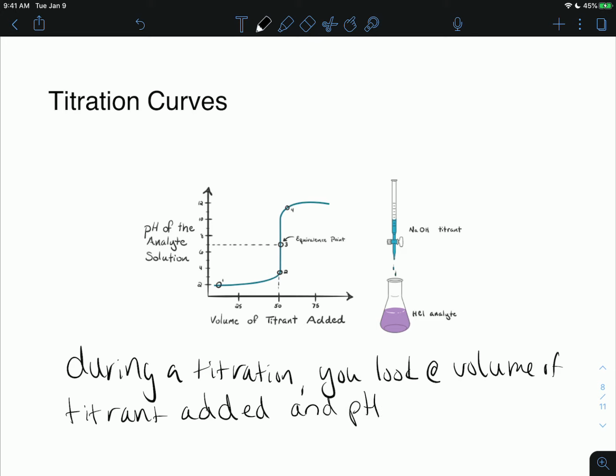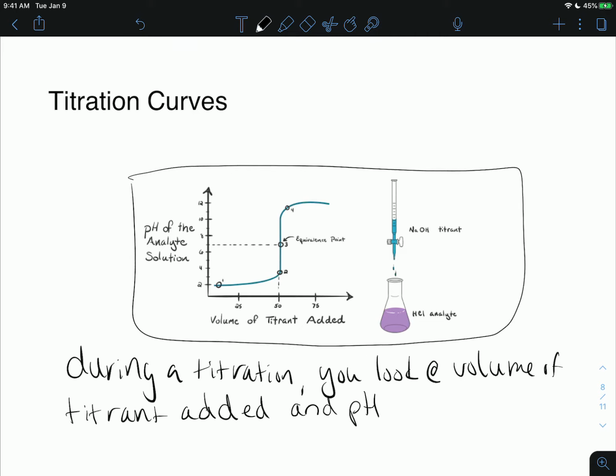You will add in amounts of titrant, and then you'll take the pH. And what you can develop is what's called a titration curve. So it is pH versus volume of your titrant, or volume of titrant versus pH of your analyte solution.